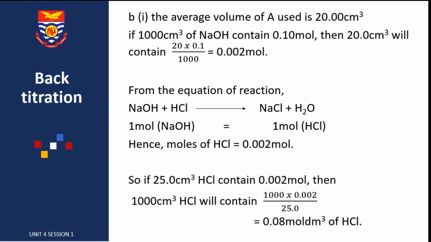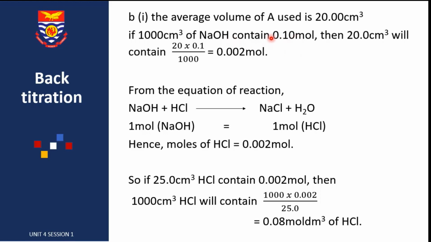Let's look at how to solve this problem. As usual, we will take it from the side that we have enough data, and that is the base, the sodium hydroxide, because we have the concentration, we have the volume, and we can find the molar mass. Taking it from the concentration of the sodium hydroxide, in the question there was a concentration of 0.1 mole per dm cubed.